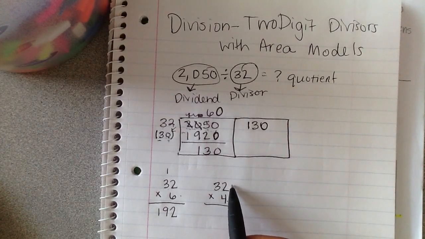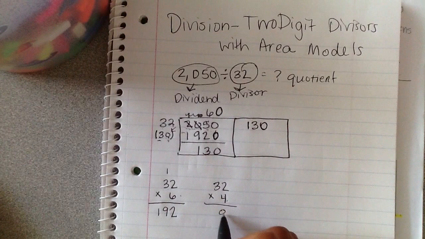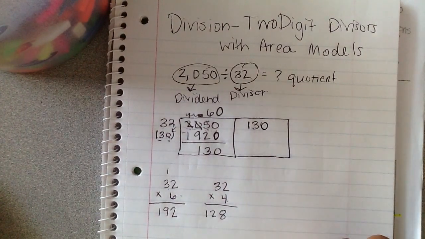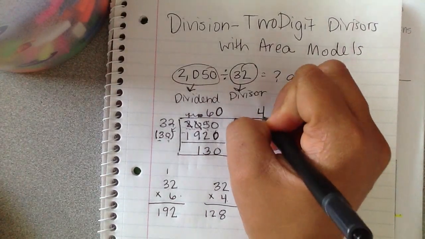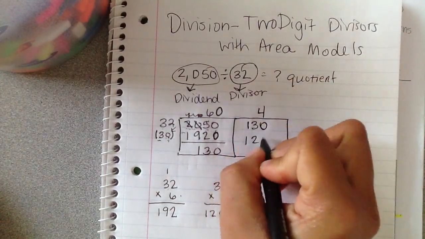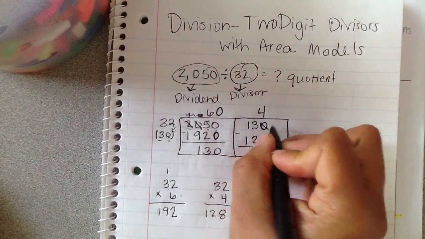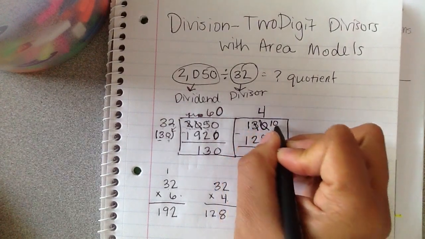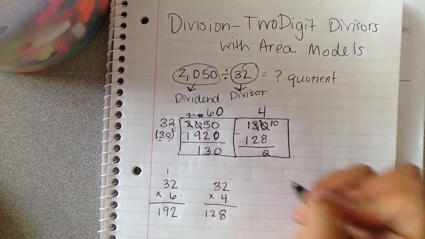Now I multiply my actual divisor by that number. 4 times 2 is 8. 4 times 3 is 12. I got 128, and that's super close to 130. So now I can write 4 up here. I don't have any place values left, so it's just 4. When I subtract, I can't take 8 away from nothing, so this becomes a 10, this becomes a 2. 10 minus 8 is 2, 2 minus 2 is 0, 1 minus 1 is 0.